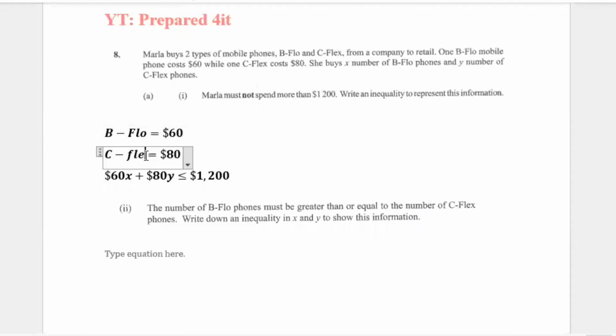Sir, when it has the line underneath it, that means less than or equal to. If it didn't have the line beneath it, it would just be less than. But when this line is underneath, it is saying less than or equal to.